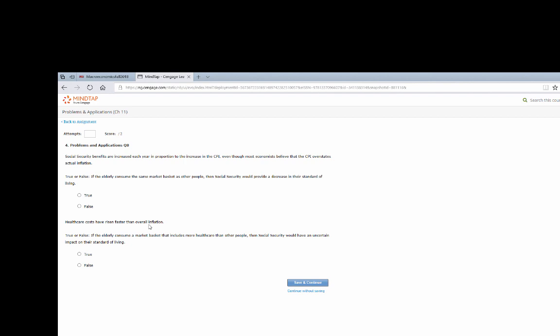So with that in mind, and you're still with the elderly, it says if the elderly consume a market basket that includes more health care than other people, then Social Security would have an uncertain impact on their standard of living. So I don't really know what to say here other than I think you should be able to do this. If the costs are going up quicker than the inflation that's being used to correct their Social Security benefits, you can think of it like that, maybe that helps, then I think you should be able to answer this question.